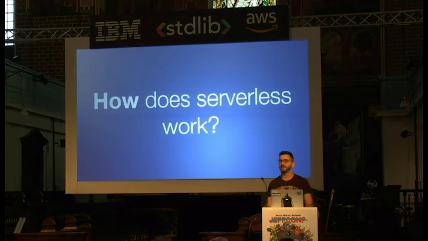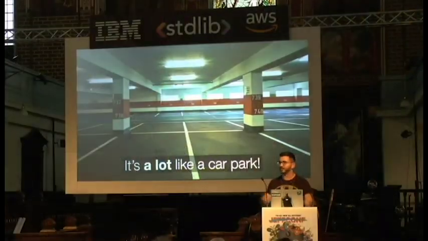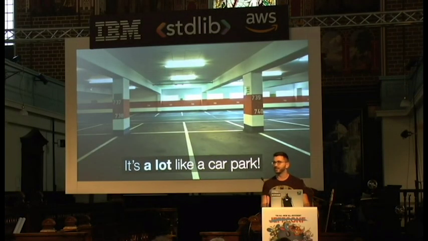Okay, let's take a step back. Why is that bad? And what is that queue that I was talking about? What does latency mean in that sense? Let me quickly introduce you to how a serverless platform actually works behind the rainbow, so to say. Well, it's a lot like a car park, in the sense that you have a lot of uniformly formed parking slots where you try to fit in as many uniformly sized cars as you can.